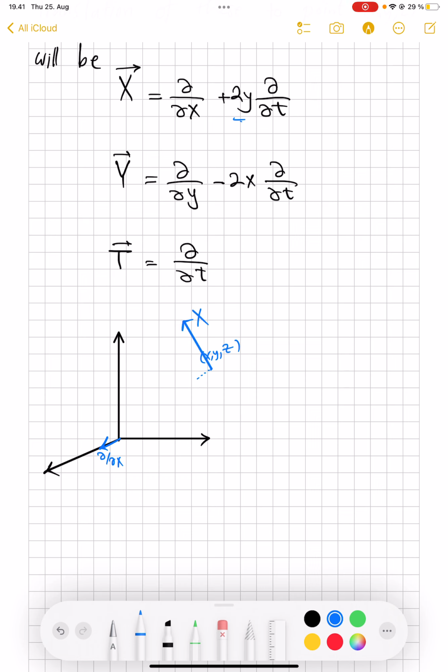So this becomes the left translation of that. So this is x at origin, and this is x at (x, y, z). Let's assume y is positive and quite large here.